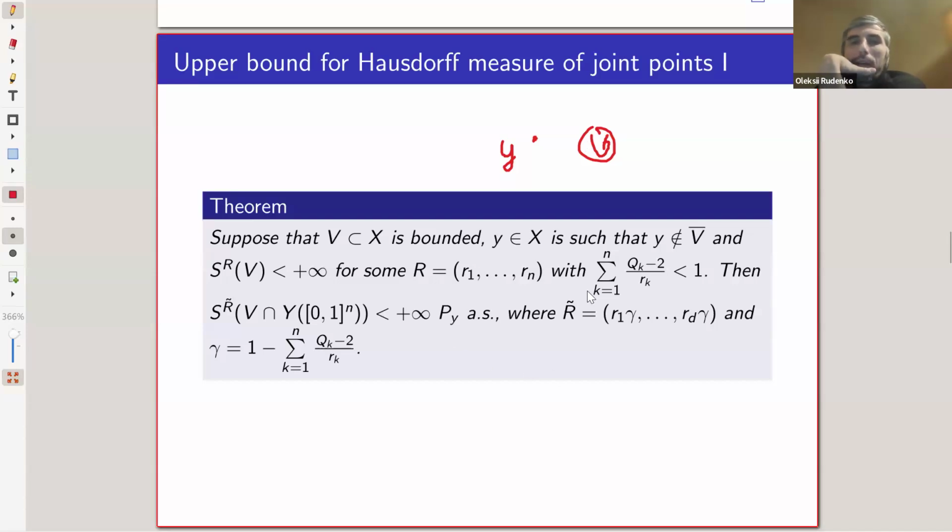And then P_Y almost surely, when we start from this point Y, the process, if we look at its intersection with the set V of all the trajectories of all processes, then its Hausdorff measure is finite with these specific parameters.